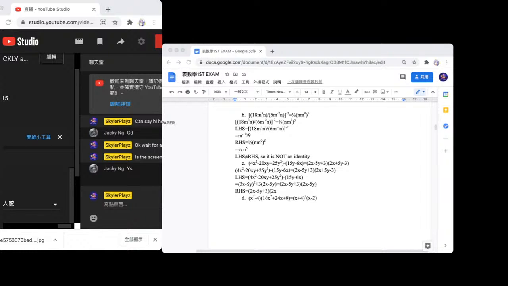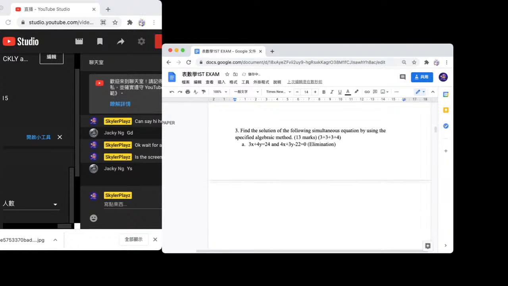Okay. Then we can conclude that both sides are not equal. And finally, just write it is not equal and it is not an identity. It is not an identity.